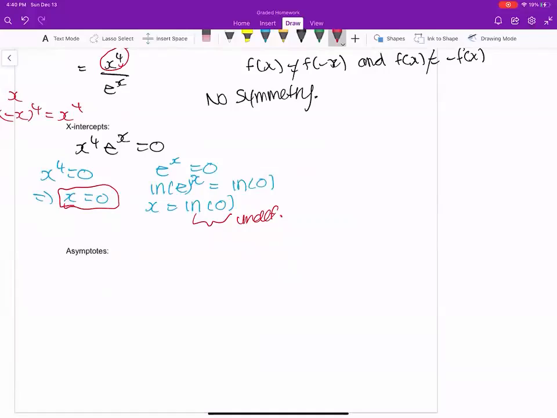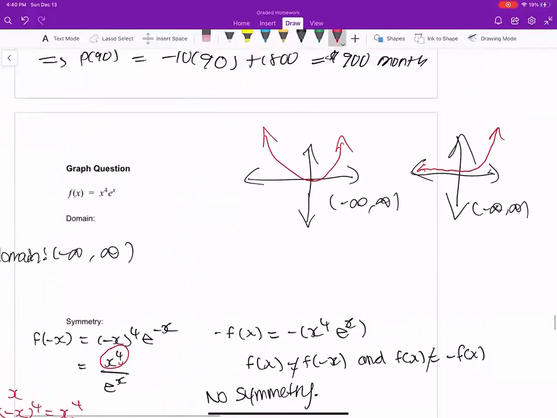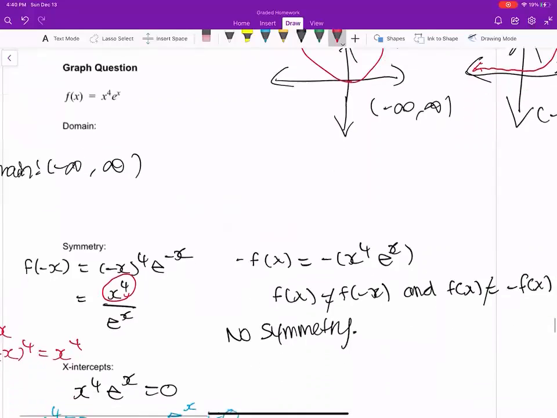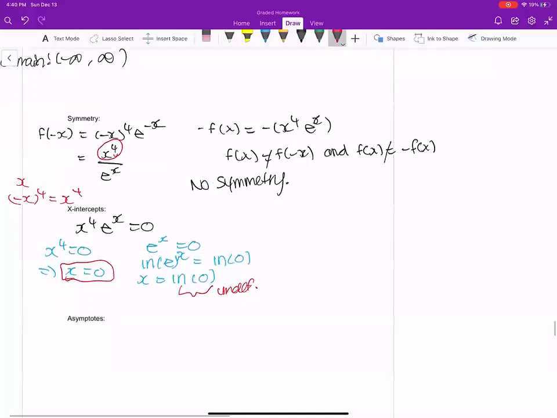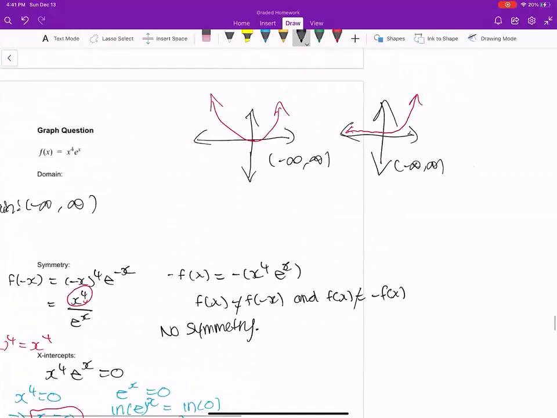Now let's look at asymptotes. When you first look at this function, x to the power of 4 e to the power of x, you think there's no asymptote. The way you learned in lecture and commonly know is, if you have a rational function, look at the coefficients. But even though this is not a rational function, there is still an asymptote, because remember, this is our graph of e.